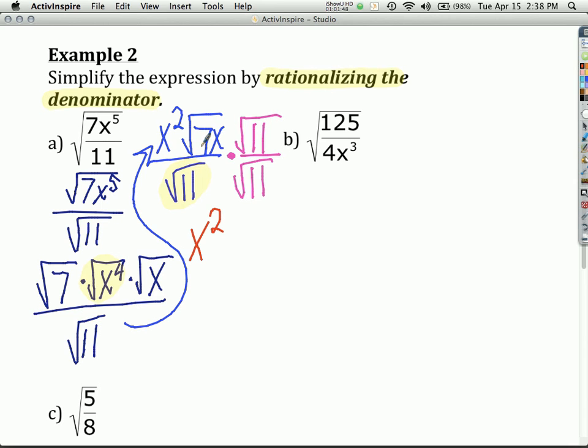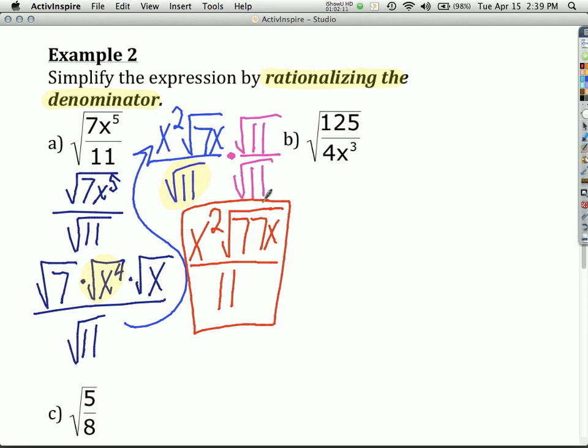We have 11 times 7, 77x. Here's the magic of rationalizing the denominator. Radical 11 times radical 11 equals 11. And so we have rationalized the denominator, and we have done our job. We have simplified this as far as we can.